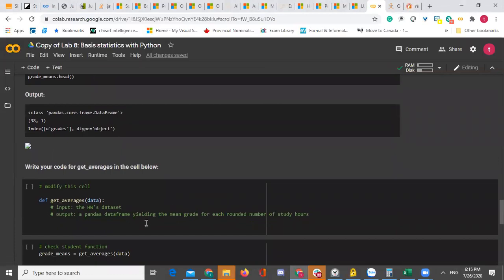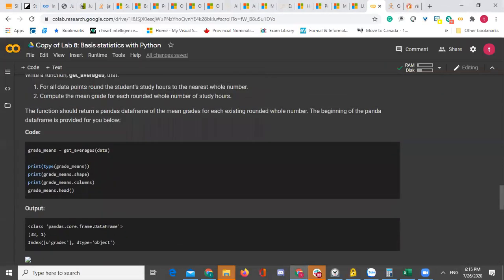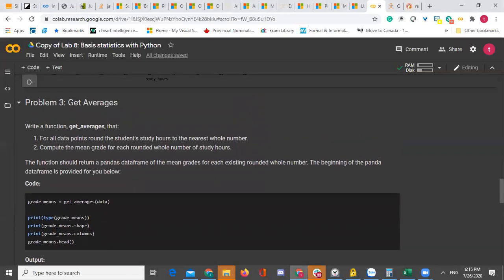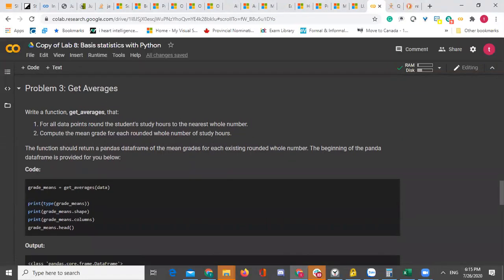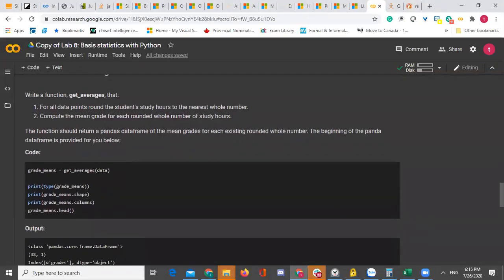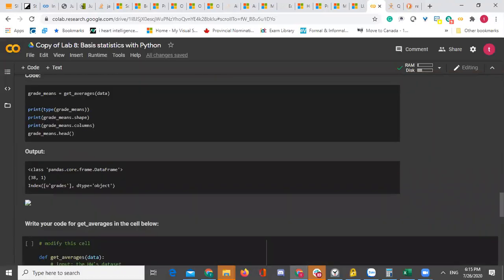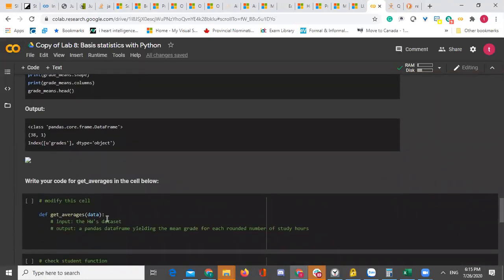Write a code to get an average in the cell below. Is the data set... output is a data frame, you mean the mean grade for each round? What does it mean, for each round number of the study hour? They ask you to round the number of study hours to integer values.